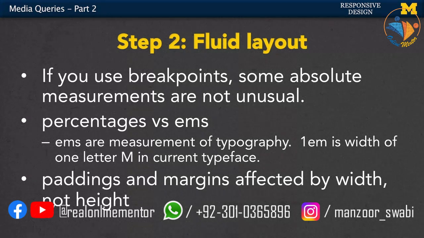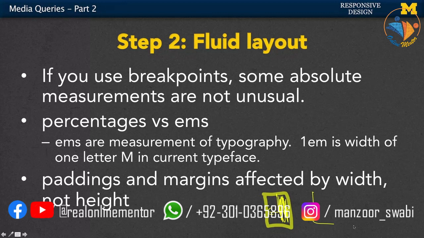The last thing I'd just like to remind people is that when you use these fluid measurements for things like padding and margin, the percents are affected by the width, not the height of your page. What does that mean? It means if your page is this big, I'm going to switch to the pen there, the padding is affected by how wide it is. So 50% padding would pretty much give you something like this.